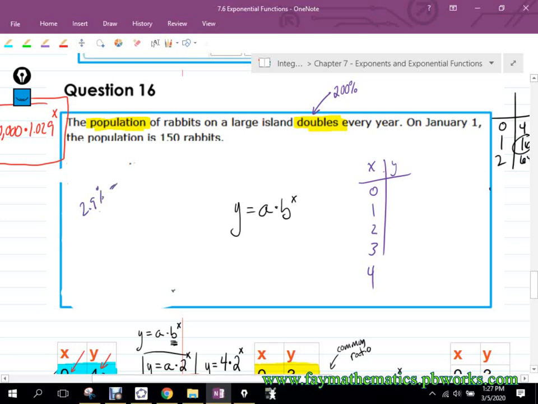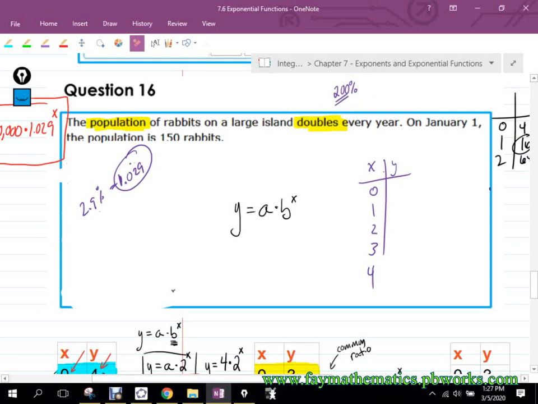We changed that to 0.029, and then that added a 1 to it, and that was our B, right? So if I know doubling is 200%, well, as a decimal, that's 2.0, right? Add 1 to that. All right, in this case, I'm not going to add 1 to that, so never mind. But that then would be my B value. Does that kind of make sense? Yeah.